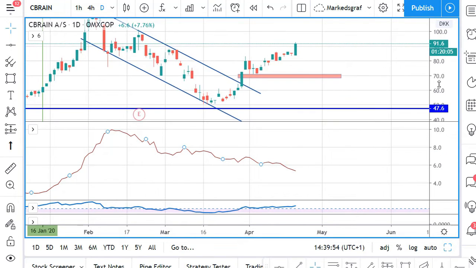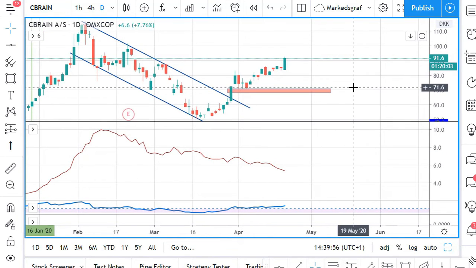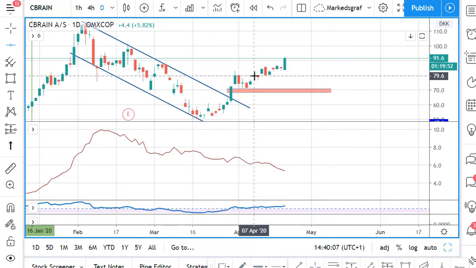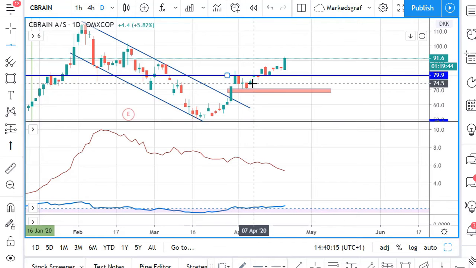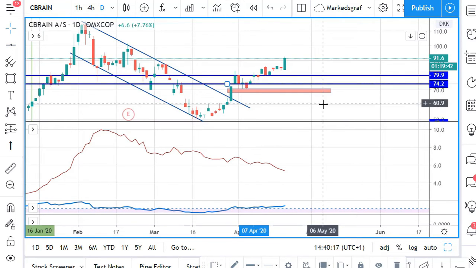So what we can do now is that, depending on how much room we want to give the stock we buy, we would probably not just give it one ATR of stop. That means that we would buy it at 80 here, and we would have a stop loss 6 kroner, 6 units down from here. That would only be down around 74 here.